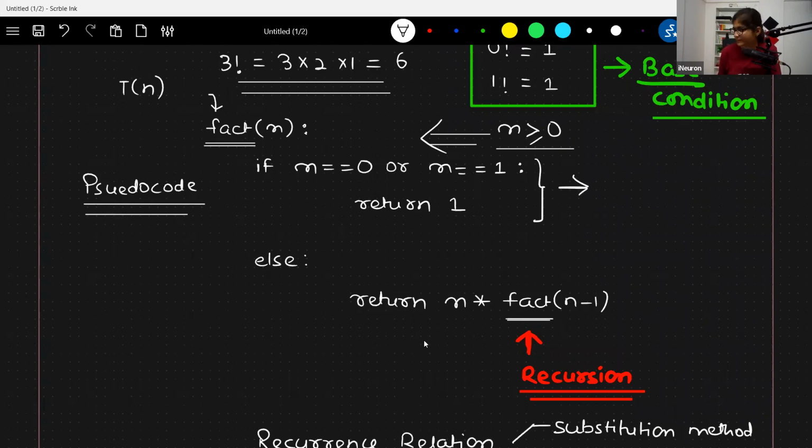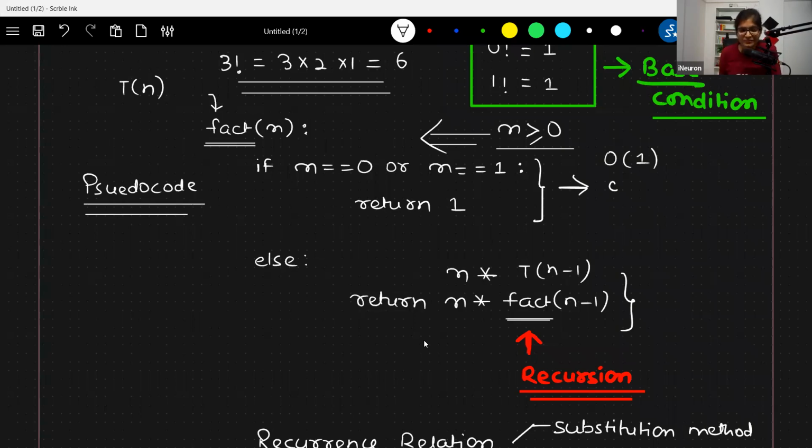Can I say it is a constant C, which we can represent as big O of 1 as well? After that, what is the time complexity for the rest of this code? Here, we are repeating the same function again. So you can write it as n into T of n minus 1.